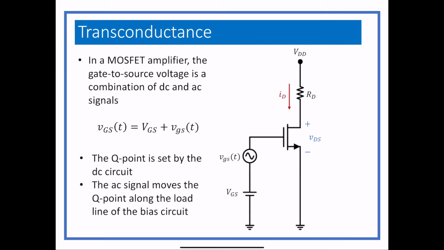So little v, capital G, capital S is a combination of the DC signal, VGS, and the time-dependent signal, little v, little g, little s. So that's kind of how it's shown. So now we have to just do math, basically.